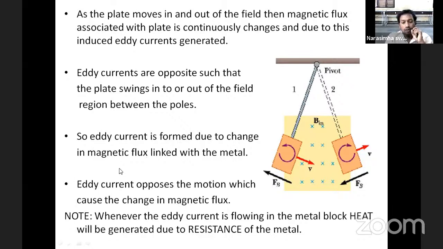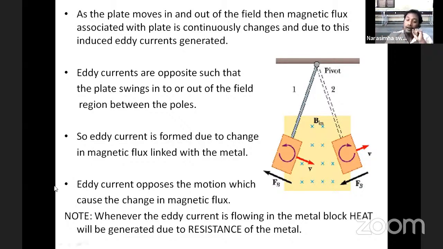Right. So whenever the eddy current is flowing in the metal block, heat will be generated due to the resistance of the metal.